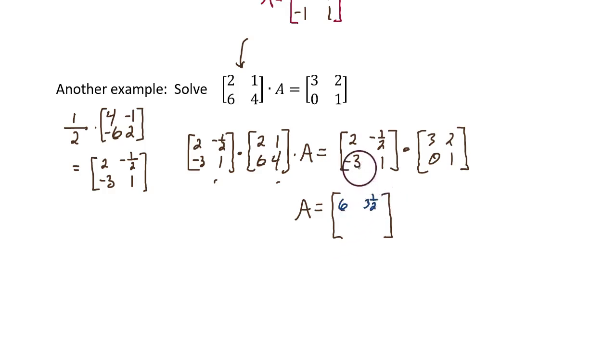Now down here, -3 times 3 is -9, plus 1 times 0, so that's just -9. In this last spot, -3 times 2 is -6, plus 1 times 1, which is 1, so -6 plus 1 is -5. Here is our answer for matrix A.